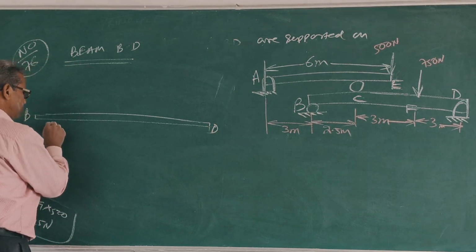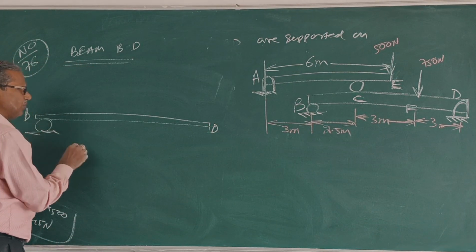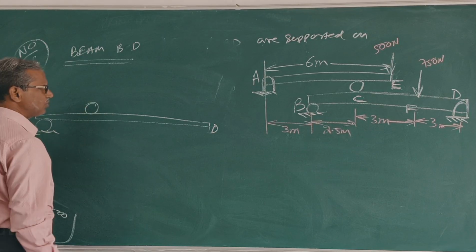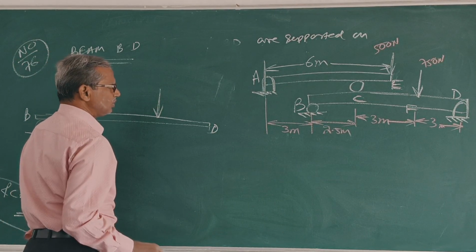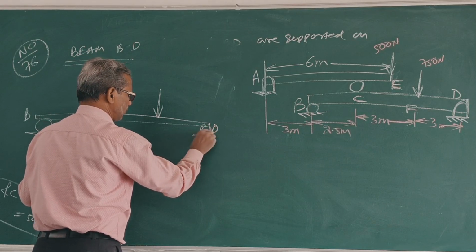B is a roller support, C is a roller support, F is a load, D is a support. Clear?